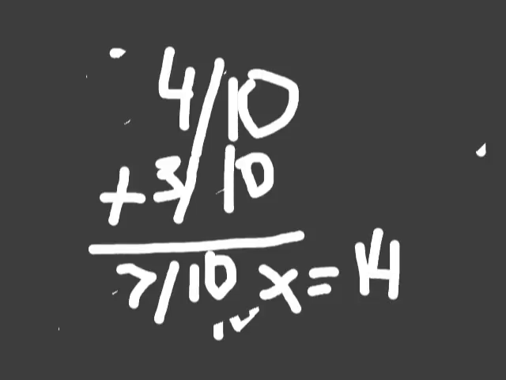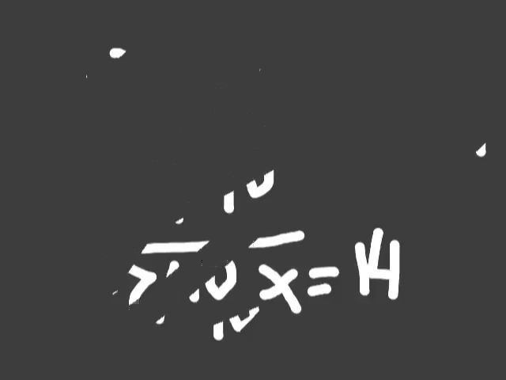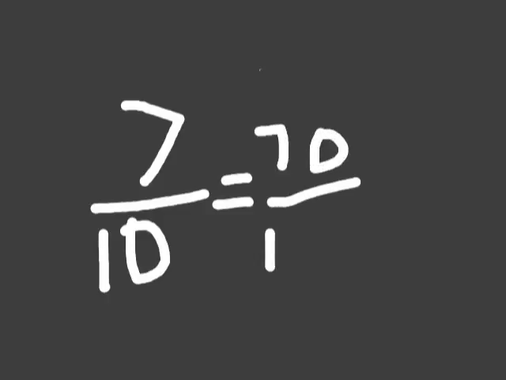So the next step, you could convert 7/10 into decimal form, or you could divide 14 simply by 7/10. I'm going to choose to divide by decimal form. So 7 out of 10 would also be equal to 70 out of 100.